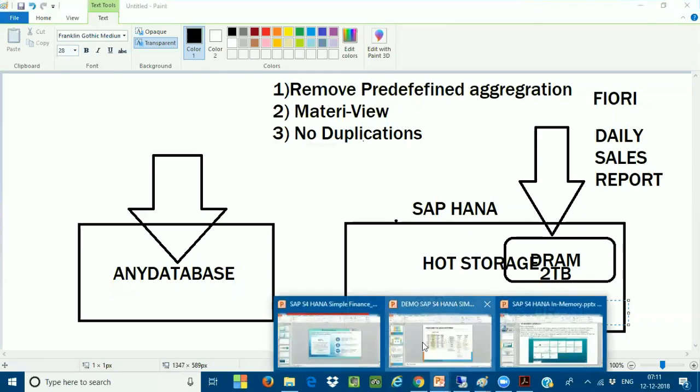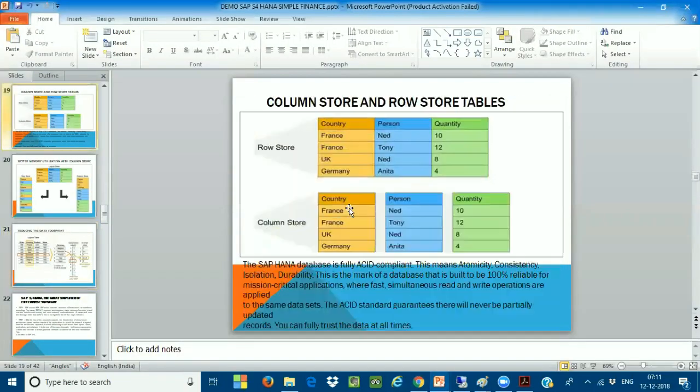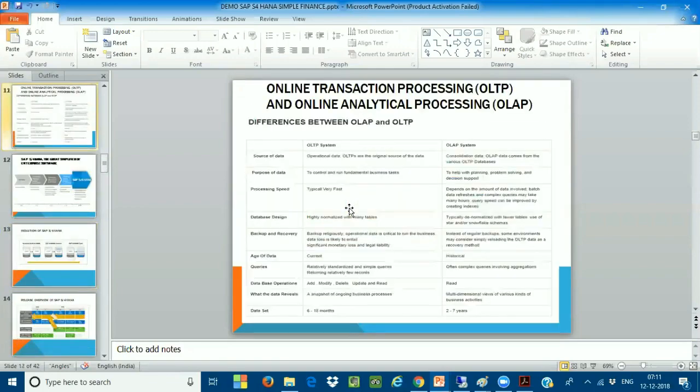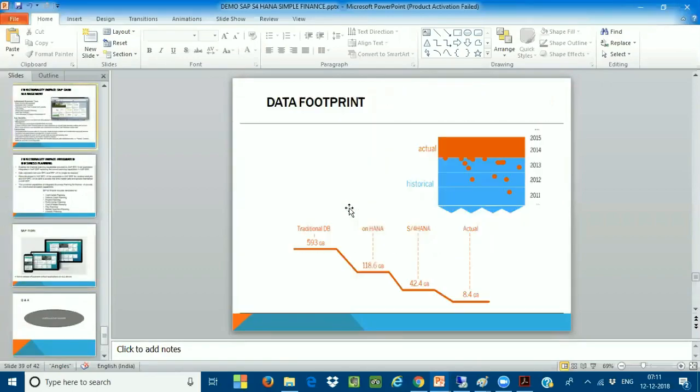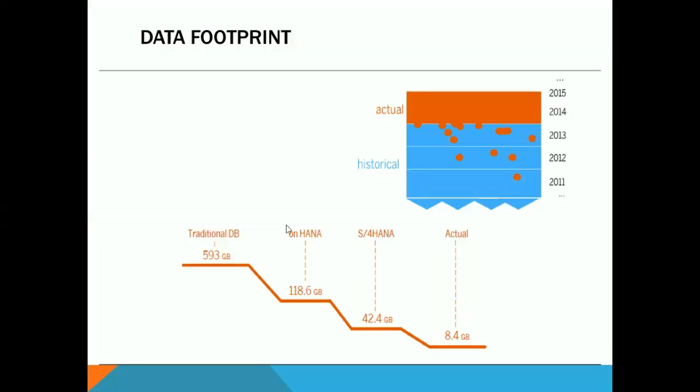Now you can see the compression. This is one of the diagrams. The top-end red one is going to be called actuals, your current year data, that is 2014, 2015, 16 data available here.